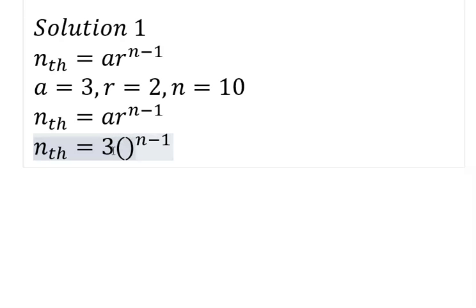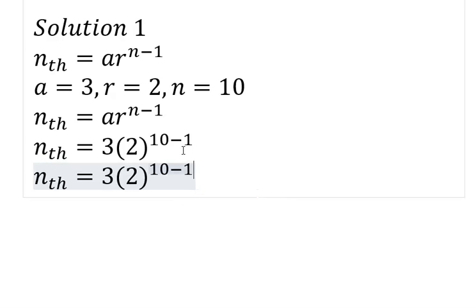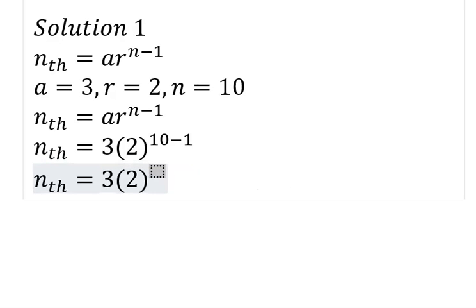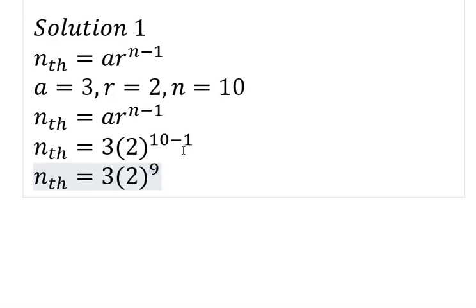Our common ratio is 2. Beautiful. Our number of terms, we have to look for the 10th term, is 10. So with this, we'll be able to get our nth term. So 10 minus 1 here will give us what? 9. Awesome.